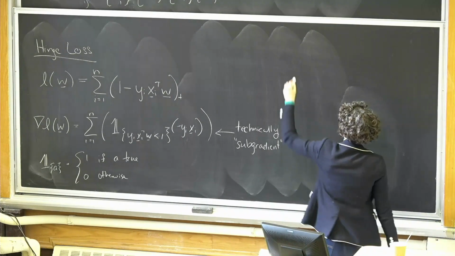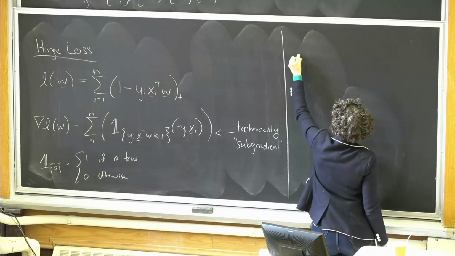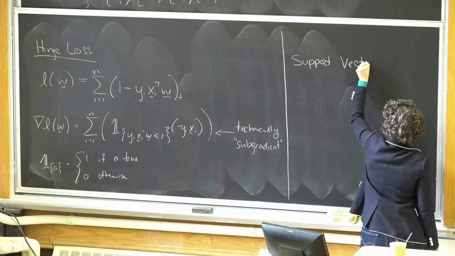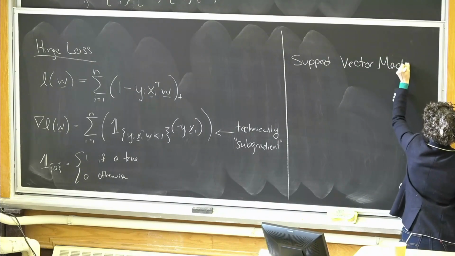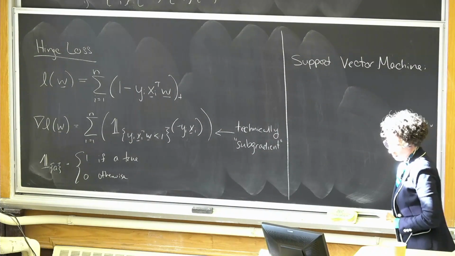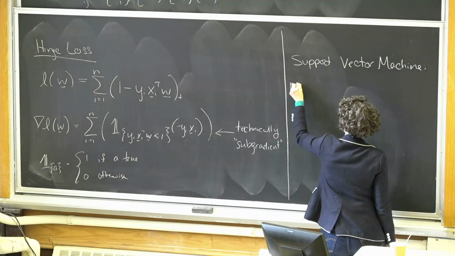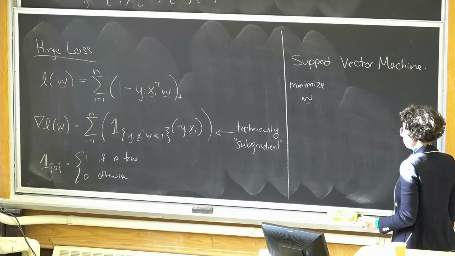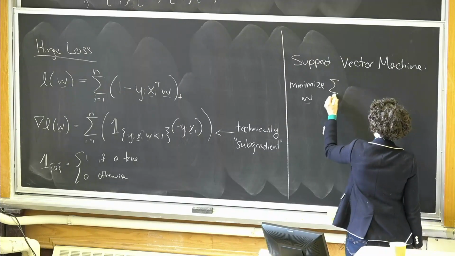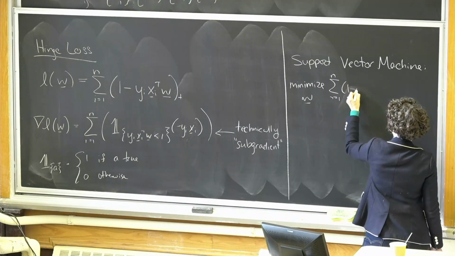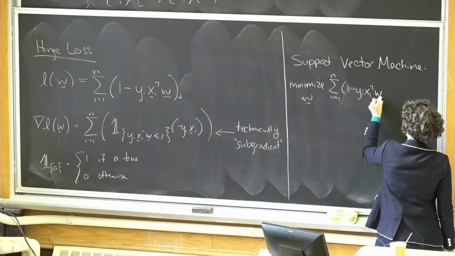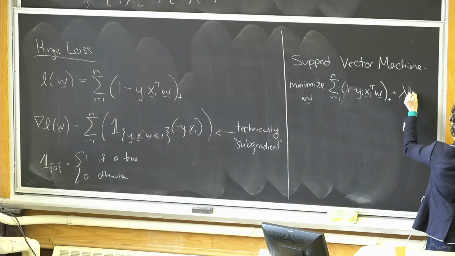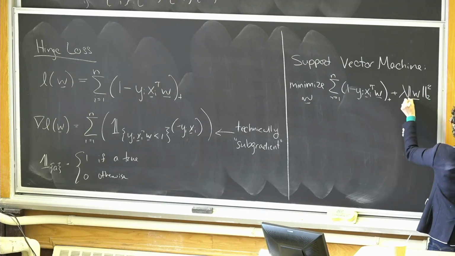Okay, so a couple of things. First of all, as I just mentioned, a support vector machine. With a support vector machine, we are going to minimize, with respect to weight vectors W, this hinge loss plus lambda times the weight vector 2 norm squared.